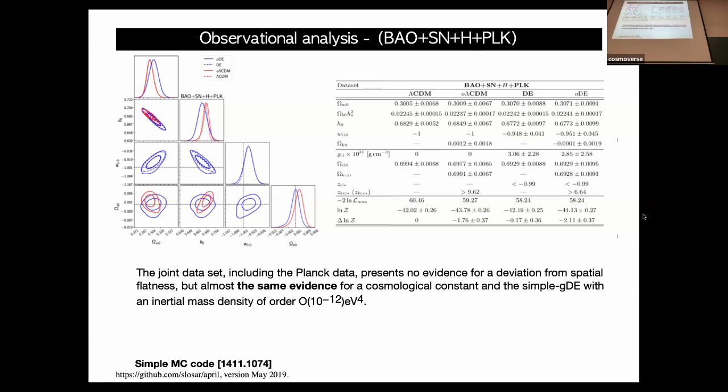And actually, when you look at the models, the spatial curvature is not favored with the full data. We have the same evidence for a cosmological constant and simply graduated dark energy with an inertial mass density on the order of 10 to the minus 12.